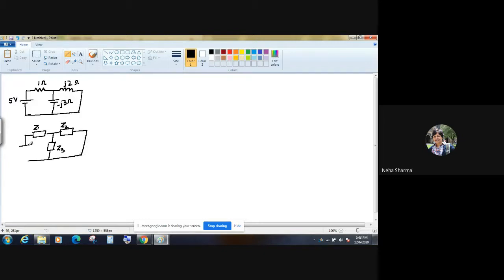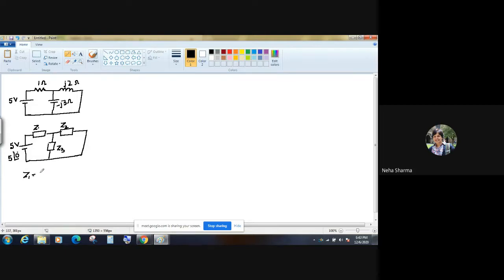Again, I have a source of 5 volts, which is a DC source. The same thing can also be written as 5 with an angle of 0, because DC does not have any phase.